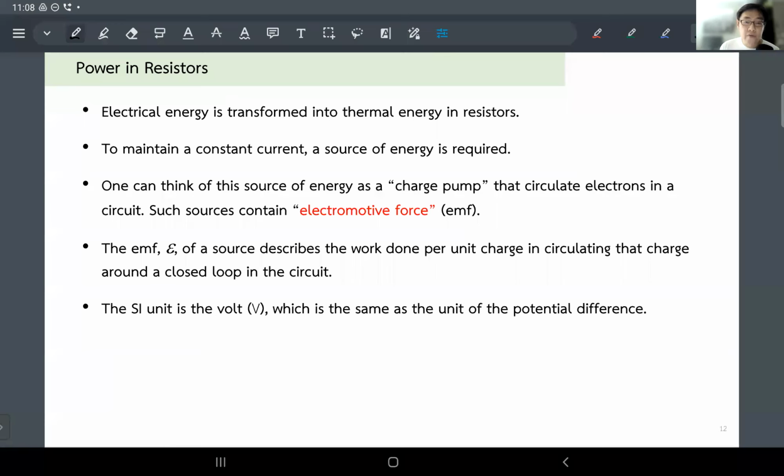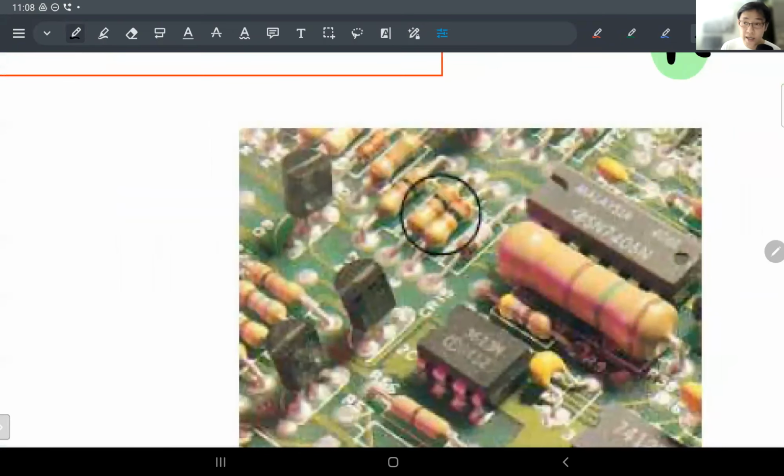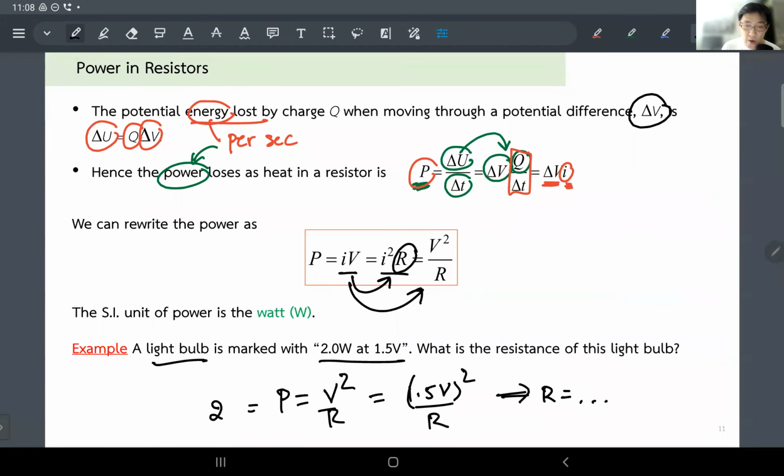Okay, so what we have next is once we understand that when we have a resistor having a resistance on it, when we say resistors here, you might be thinking about an actual resistor that you found in electrical circuits and everything, but in reality, no. Anything that takes away energy, because you guys know that everything that has resistance will take away some energy from the system or from the circuit.